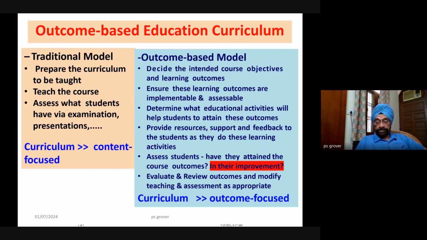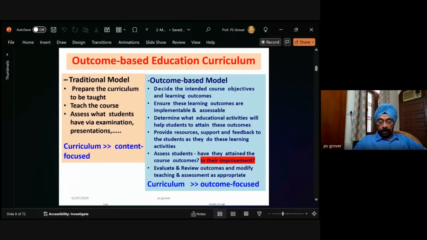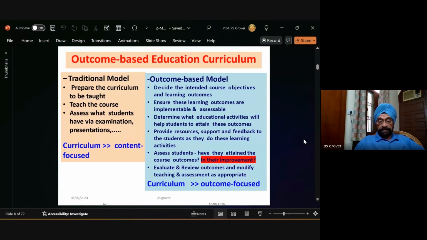So content focus and outcome focus. As I mentioned earlier, outcome involves knowledge, skill, attitude, behavior, and so on. Kindly appreciate that in the context of outcome-based curriculum, we have to ensure that these things are met.